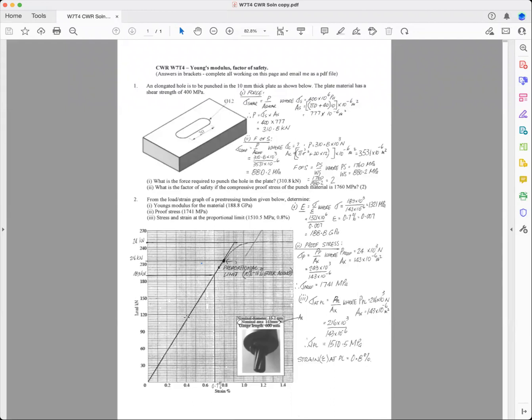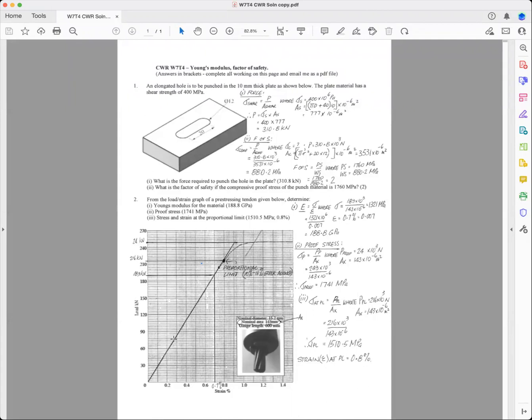Now, this material has got a Young's modulus of around about 180, 190, and that's about consistent with steel. And the slope of this straight line section is, you know, slope is gradient, and gradient is opposite over adjacent. And so it's the tangent of that line there.